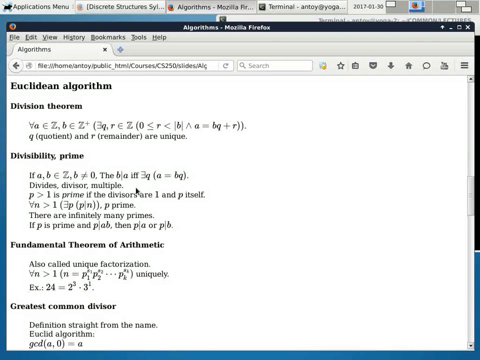If you have a prime number P that divides the product A times B, it must divide A or must divide B. If P is not a prime, this is not true. You want to make an example?